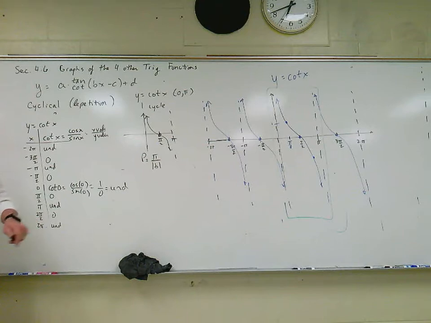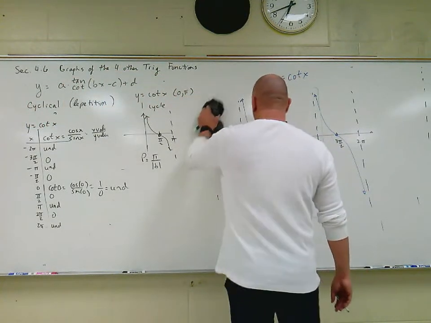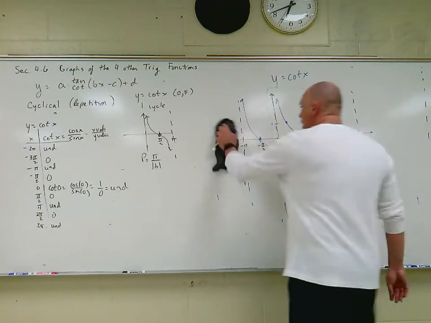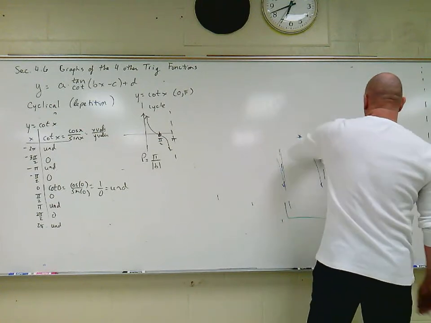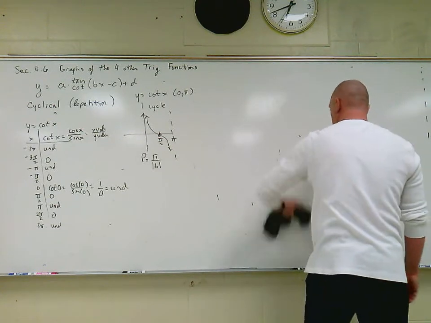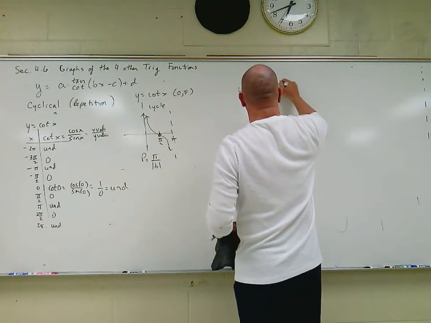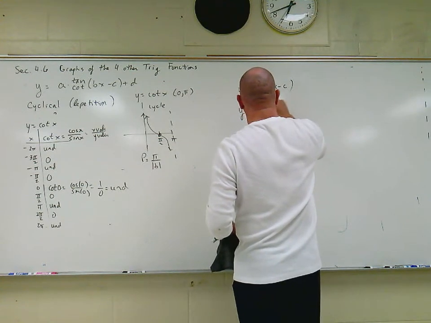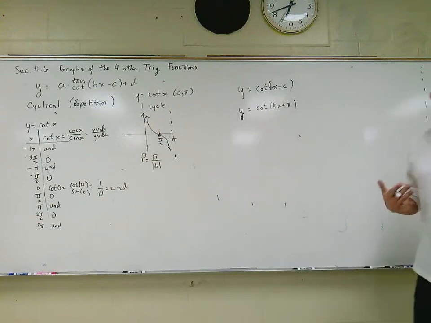So the last thing I want to go through is, can I erase the big graph? We got that. Okay. I'm only handling the bx minus c. So if I have cotangent of bx minus c, let's just say y equals cotangent of 4x plus pi, how would we handle that?